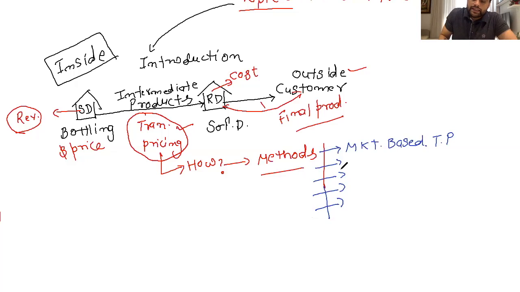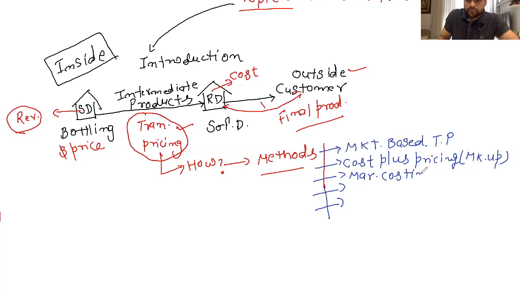The second method is cost plus pricing, which we call markup. The third method is the marginal costing transfer pricing method, or marginal cost transfer pricing method.